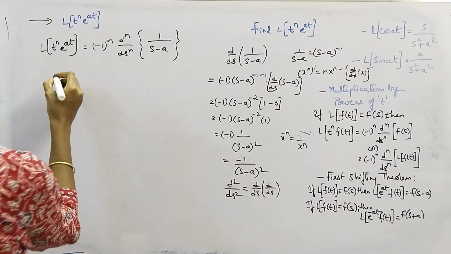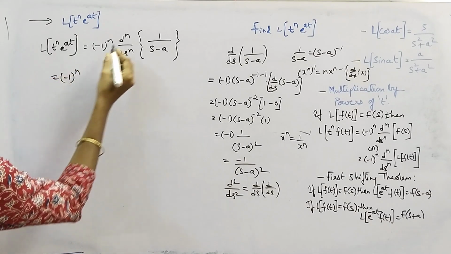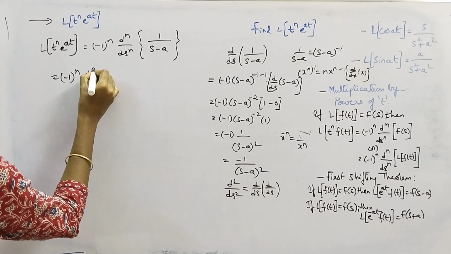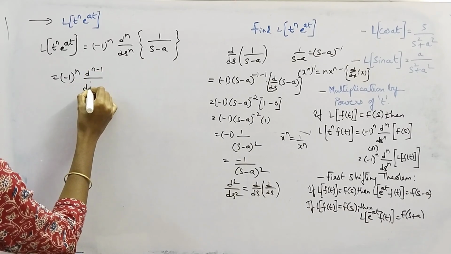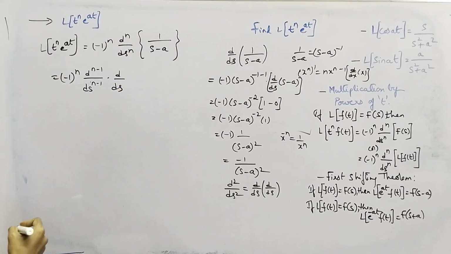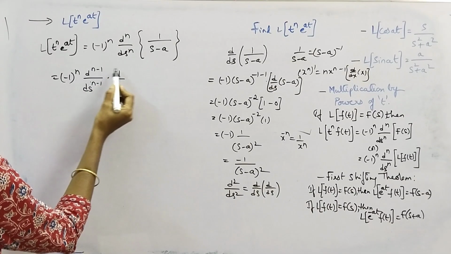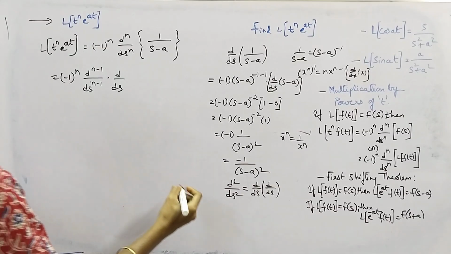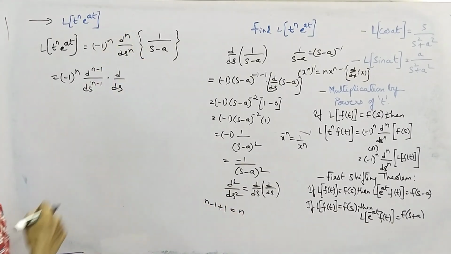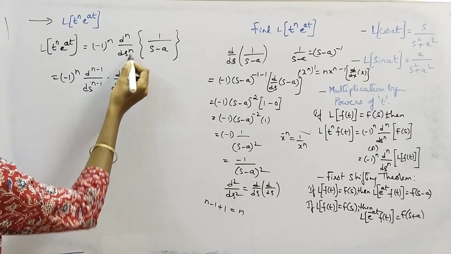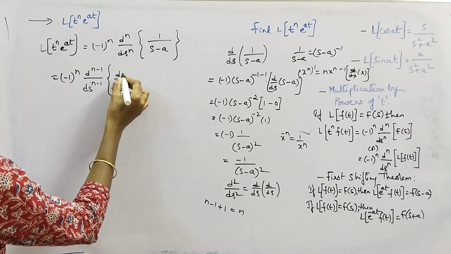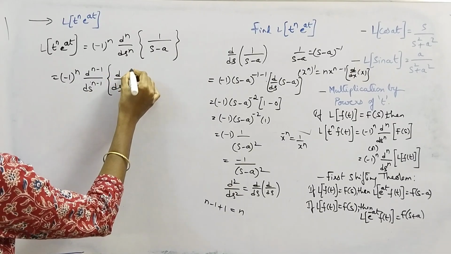Likewise, we'll write d power n by ds power n as d power n minus 1 by ds power n minus 1 into d by ds, since n minus 1 plus 1 becomes n. You'll take one derivative inside.